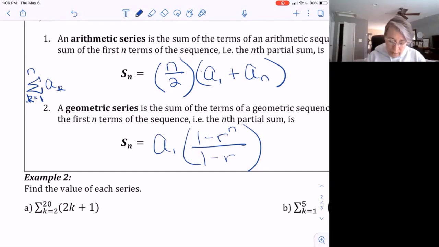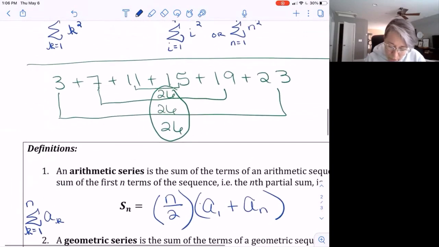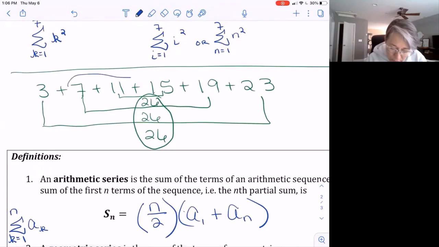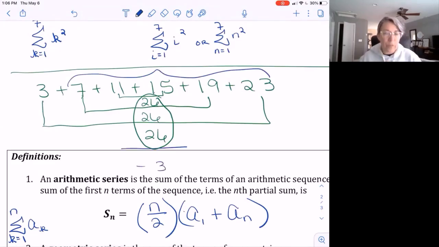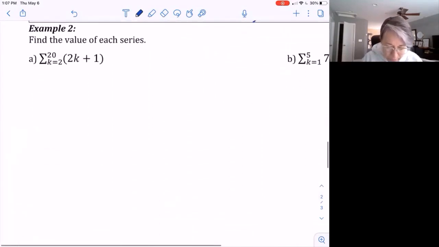We can do that. Let's think of it this way. If we wanted to know the sum of just 7 through 23, I would still add up all of these and then just subtract the first term from it, right? I can still use my formula and then get rid of the term that I didn't want to add. So that's what we're going to end up doing here.